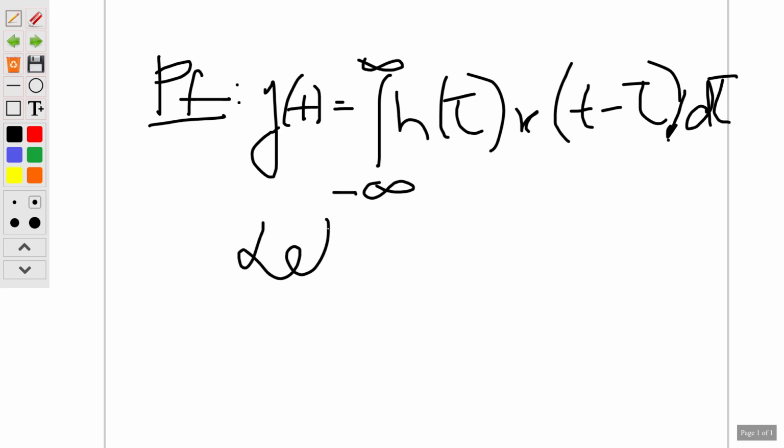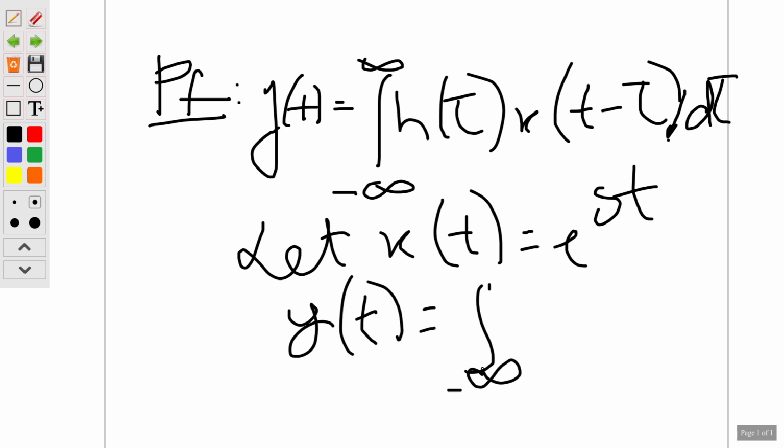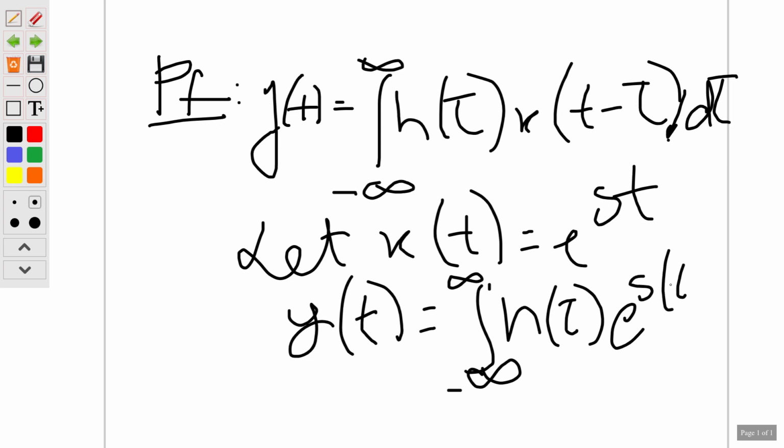Now let x of t be e power st. This is possible because we have seen how y of t is a convolution of the input with the impulse response. So y of t can be written as the integral from minus infinity to infinity of h of tau e power s(t minus tau) d tau.